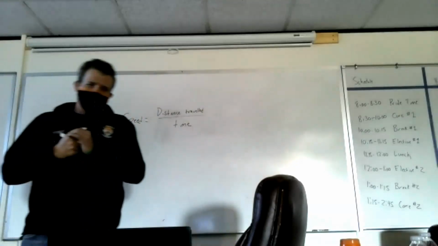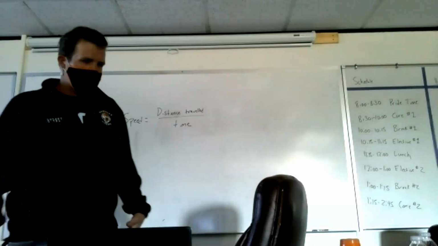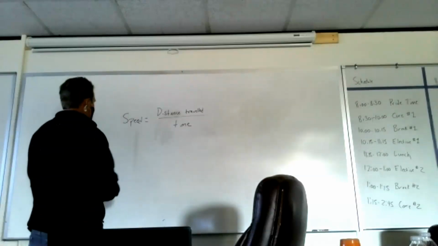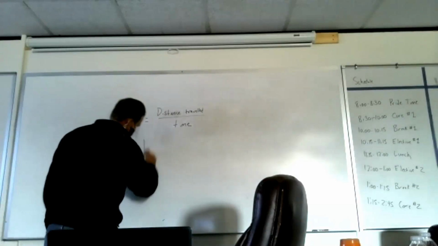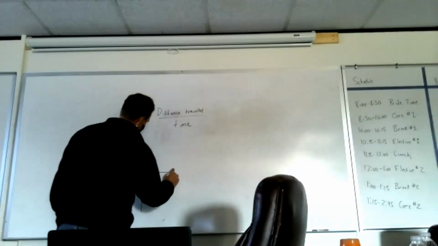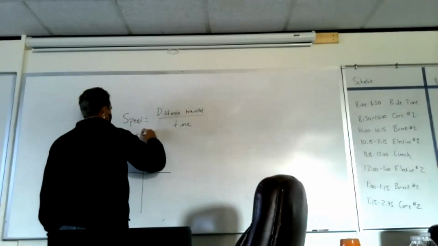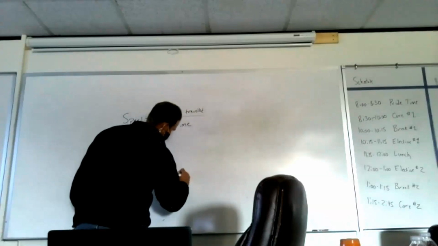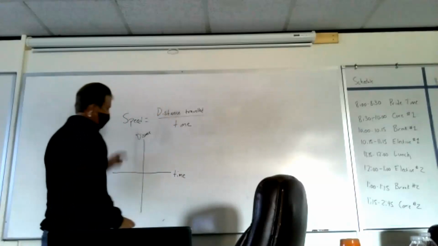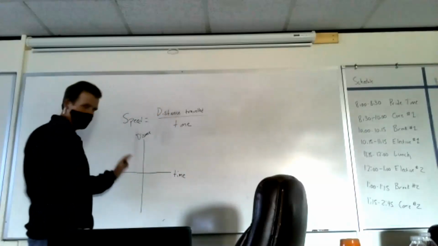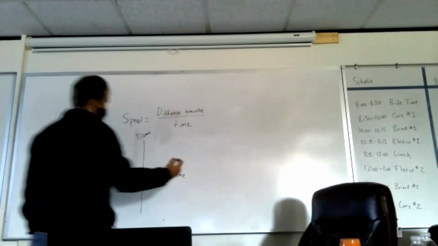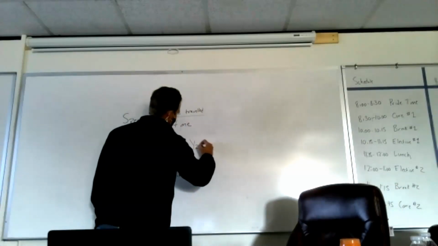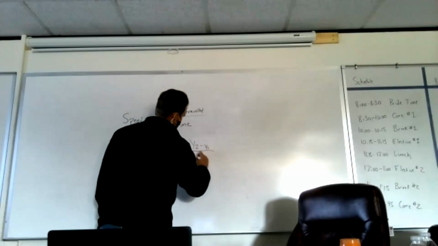So when they're asking you to find the average speed, they're going to have a graph where the y-axis is your distance and your x-axis is your time. Once we run the slope formula, because distance is our y values, our slope formula is y2 minus y1 over x2 minus x1.